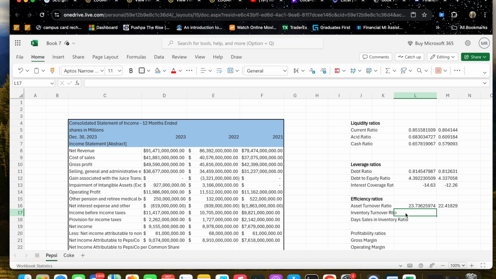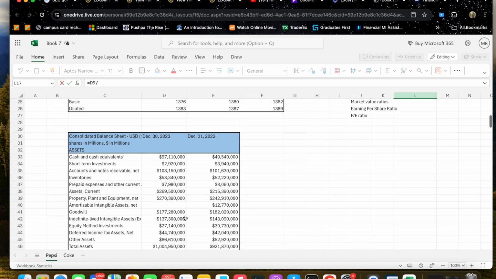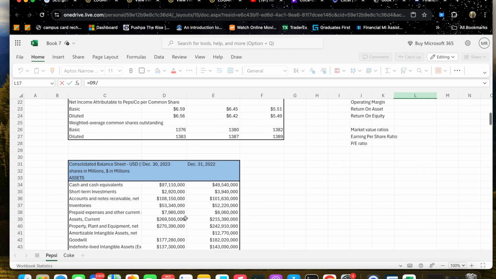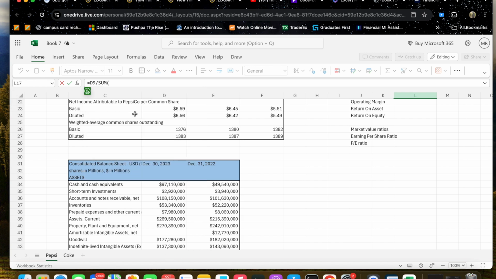Now the inventory turnover ratio should be the cost of goods sold divided by the average inventory. And I will follow the same methodology because I don't have the inventory for the year 2021. So I'm going to take the 2023 one and 2022 one as proxy to find the average.